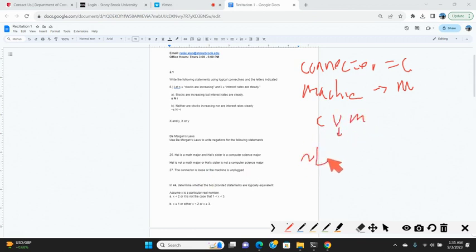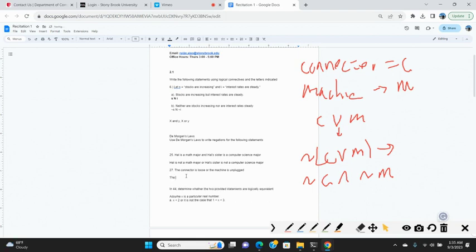Then if we negate C or M, this becomes the negation of C and the negation of M. And if we translate this to natural language, this implies that the connector is not loose and the machine is not plugged.